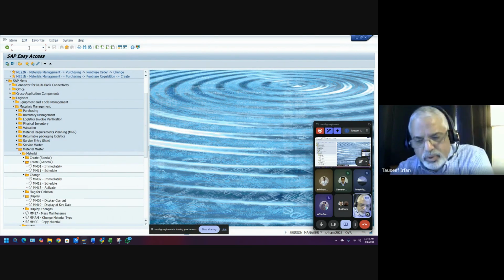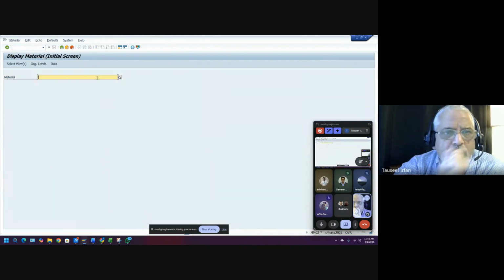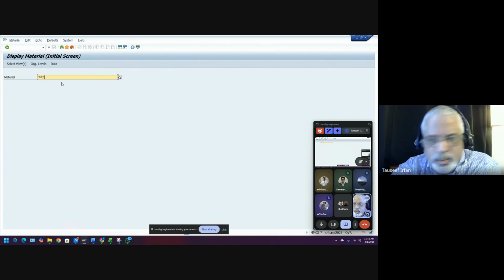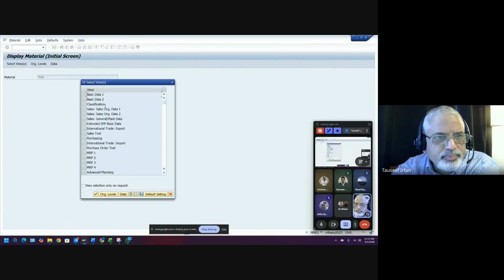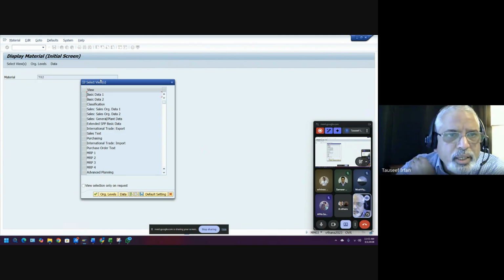Let's go to MM03 in the display side, then we will create it also. Let's take that item here. What are these ones? These are the views: basic data, classification, sales view, and purchasing, which is very important for us. MRP 1, 2, 3, 4 is all for the planning side. We need this data for the planning side.